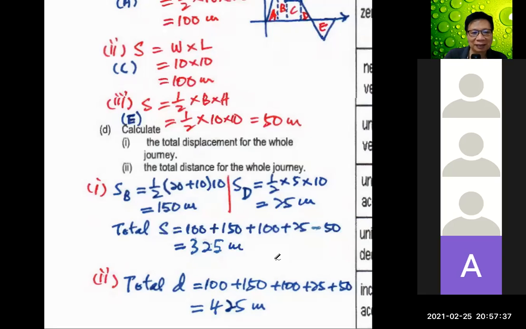Because the upper one is minus 50 and the lower one is plus 50. Why cannot just plus 50 from here to become 375? I don't know. Isabel, what about you? Why cannot just add 50 from here?